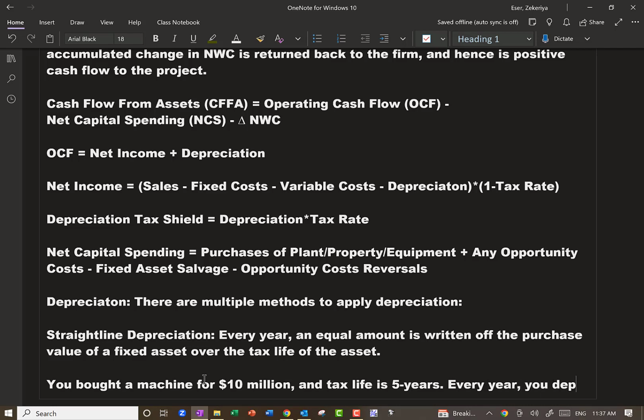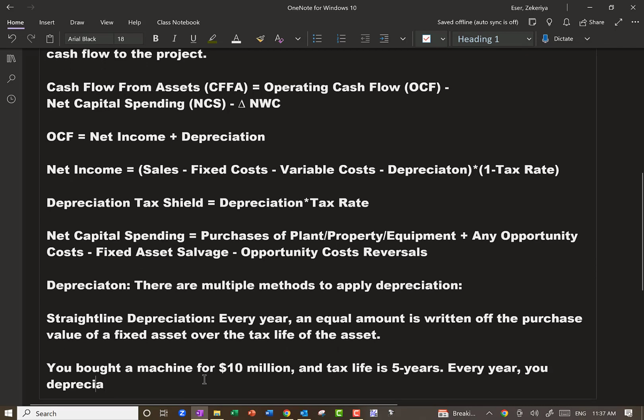Every year you depreciate, you write off as depreciation. How much do you think? You bought it for 10 million, tax life 5 years. How much should you write off as depreciation every year?